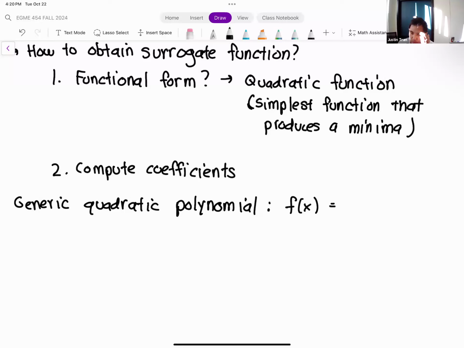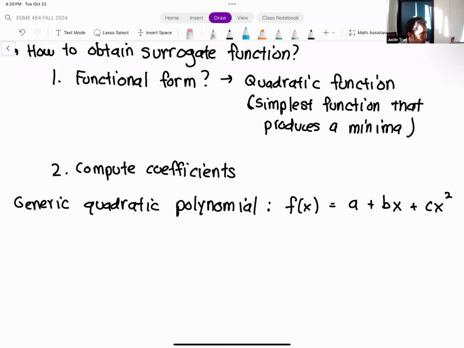A quadratic polynomial has three terms. Not only do you have to include the highest order polynomial term, which in this case is x squared, you have to include all the lower order terms as well. So we include the constant term, which is typically a, plus the linear term, which is some constant coefficient multiplied by x, plus the quadratic term itself, plus cx squared.